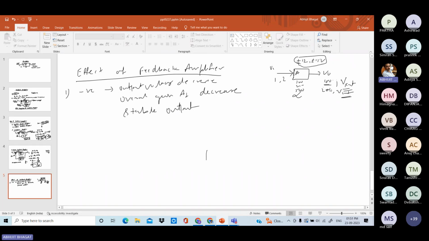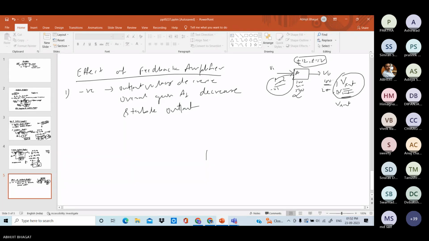Whatever voltage you are giving across the input side, across the output side you are getting the saturation voltage, because the gain of the op amp is very high. 1 दोगे तो भी saturation आ रहा है, 2 दोगे तो भी saturation, अगर 0.01 दोगे तो भी saturation.